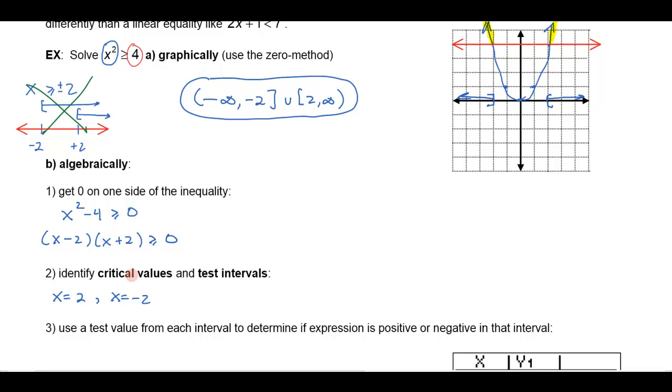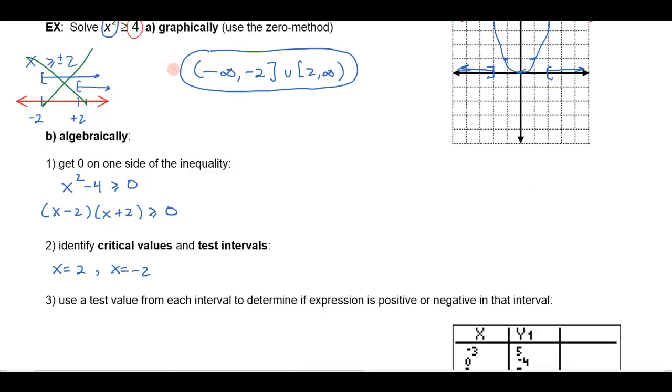We're going to call those critical points, and you'll notice that those points divide the number line into 3 intervals. If I plot these points, here's negative 2 and here's positive 2, and that gives me an interval from minus infinity to minus 2, another from minus 2 to 2, and another from 2 to infinity.